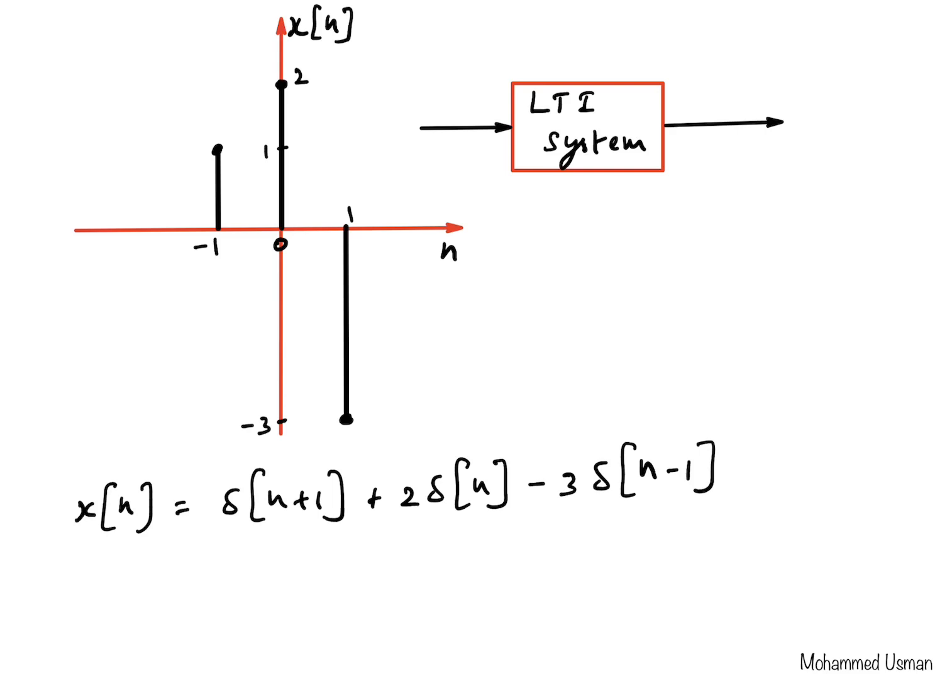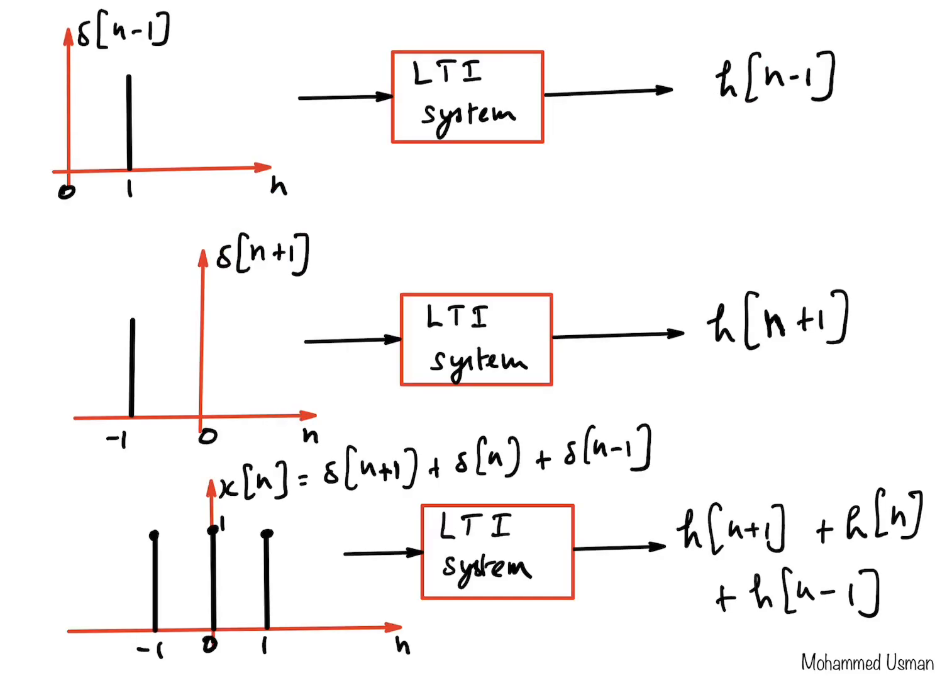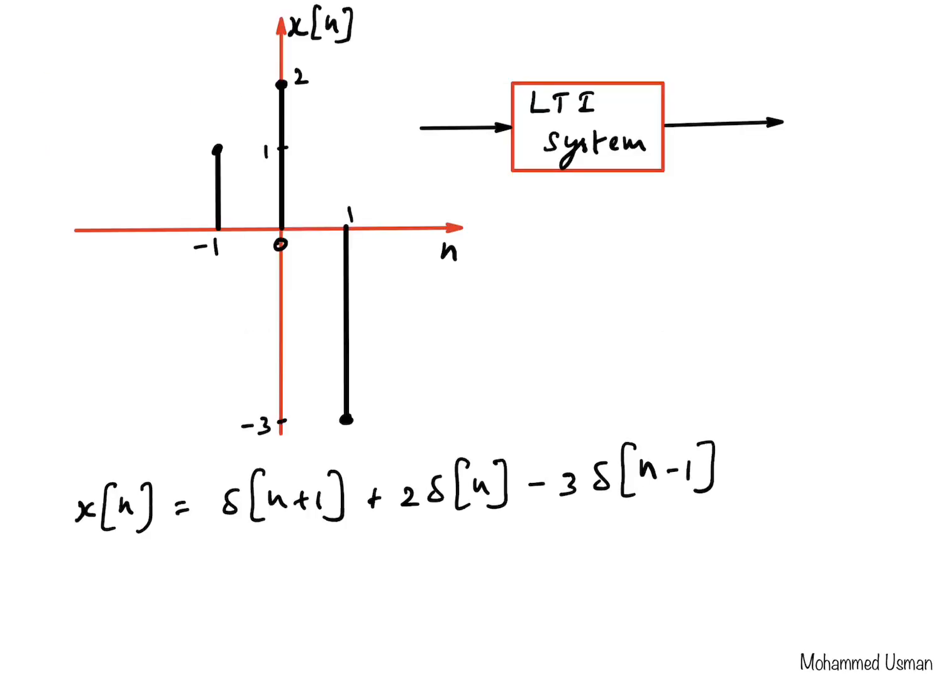Now, what will be the output of this system, given that we know the output when the input is delta of n, when the input is delta of n minus 1, and when the input is delta of n plus 1? We know that the output correspondingly is h of n, h of n minus 1, and h of n plus 1. So now the input is a shifted and scaled version of these individual inputs.